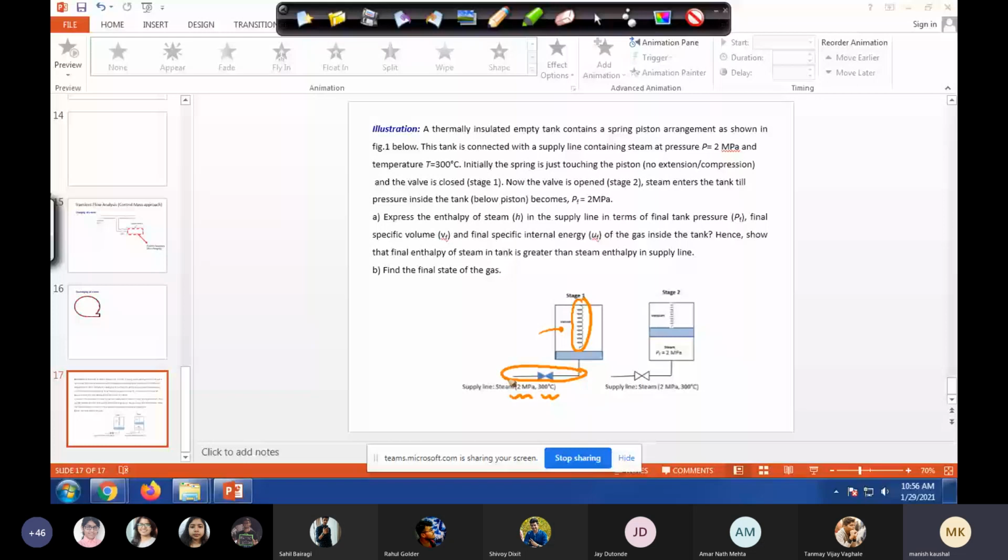It will push the piston, and you are assuming it is happening quasi-statically, and this pressure is controlled by the spring force, and eventually the pressure in the tank becomes 2 megapascal. So you have to find various quantities. Just go through this, try to use the same approach. It's better if you use the control volume, but you can use control mass also. There is no problem. Whatever you find easy, you are free.